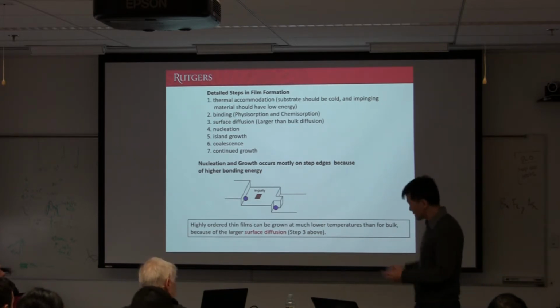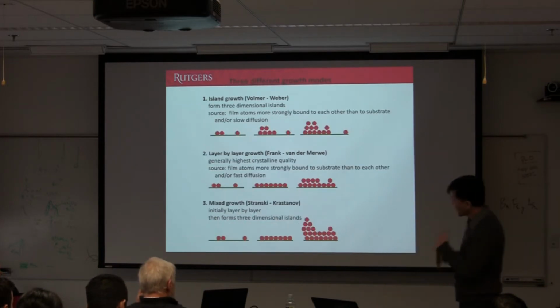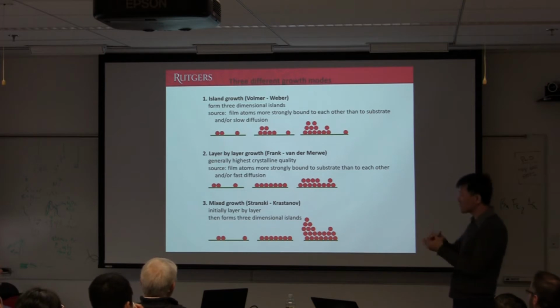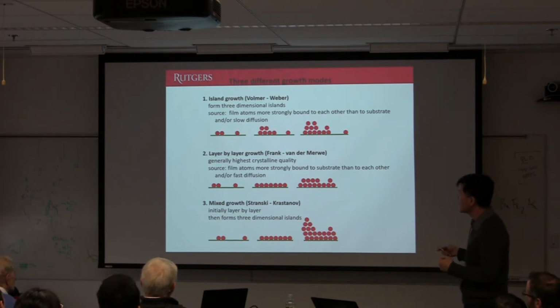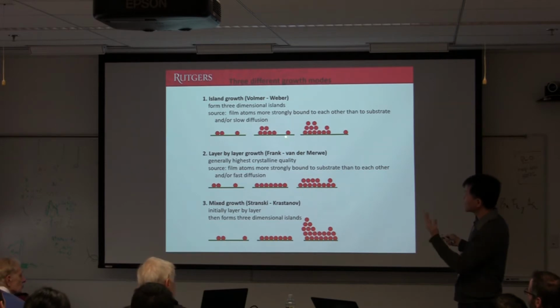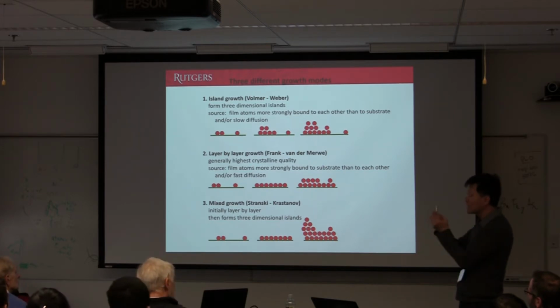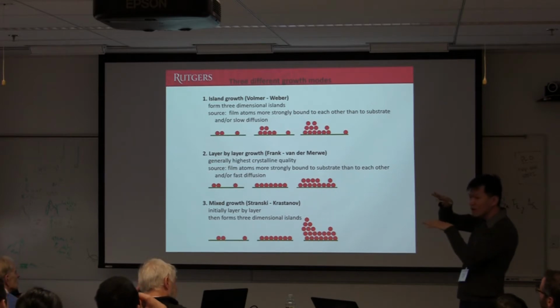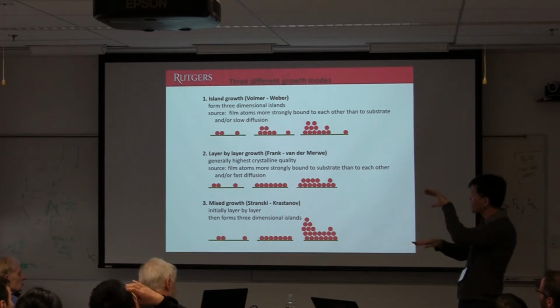But that all depends on chemical reactivity, temperature, and various things. Another factor is the interaction between your material and the substrate, and whether the bonding is stronger between the atoms of your own material compared with between the material and the substrate.